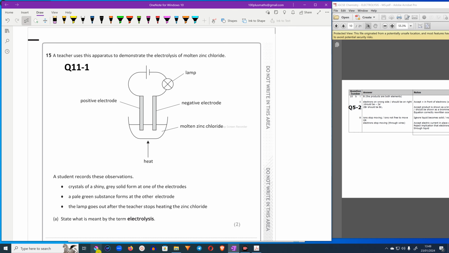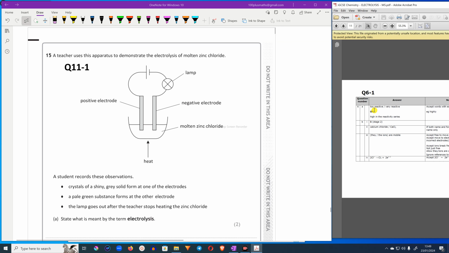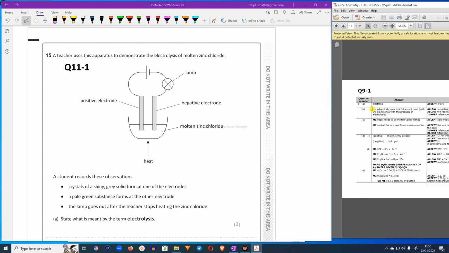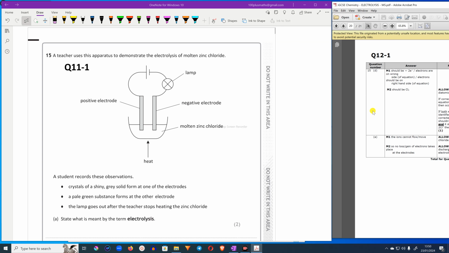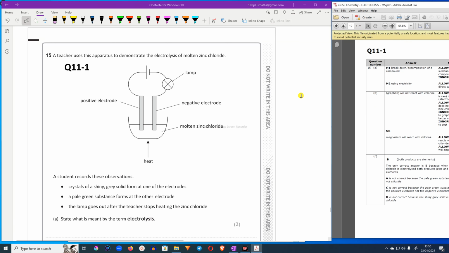Right, let's look at this one. So you've got the same idea. If it's molten, molten's a bit easier to do. So you've got your battery or your power source.